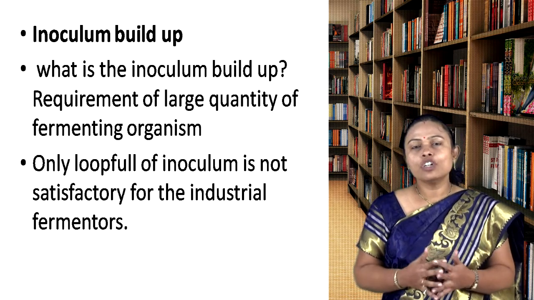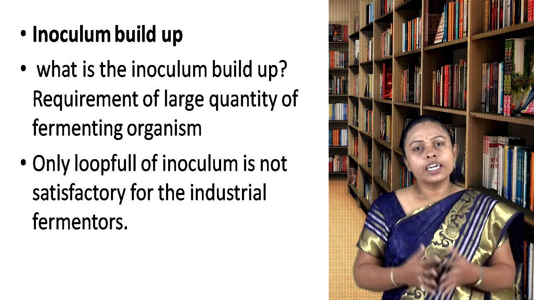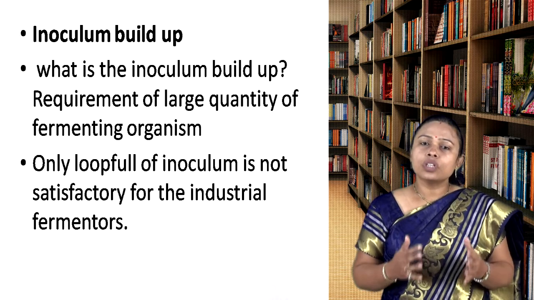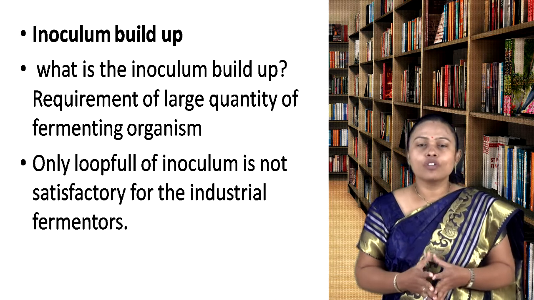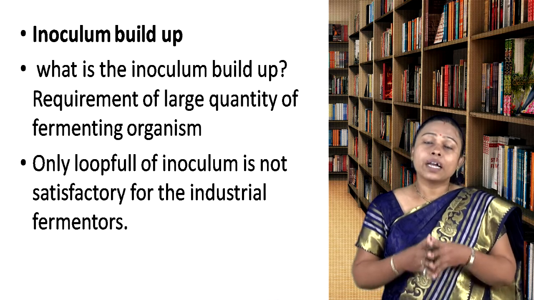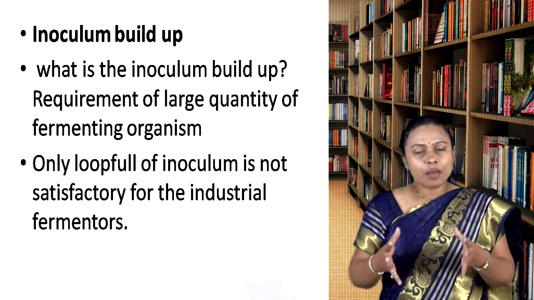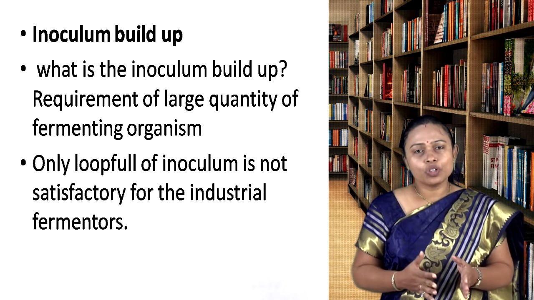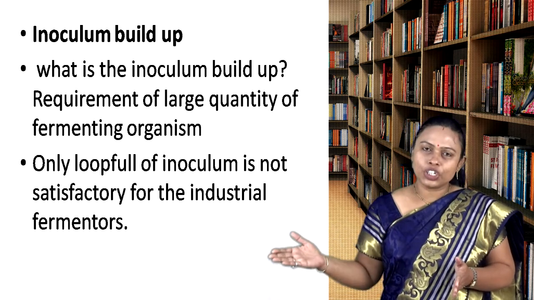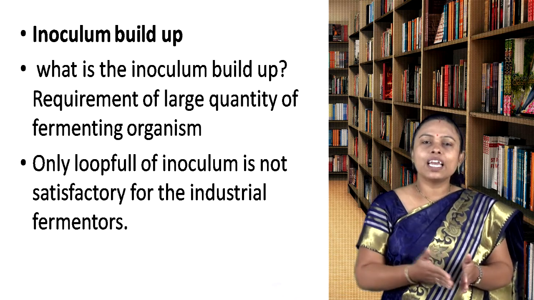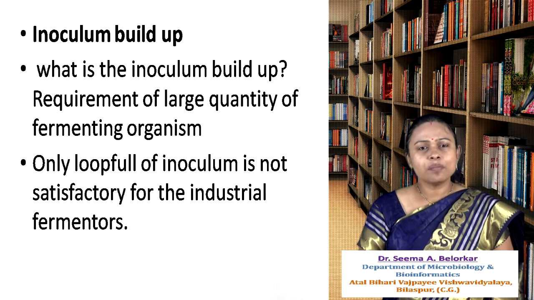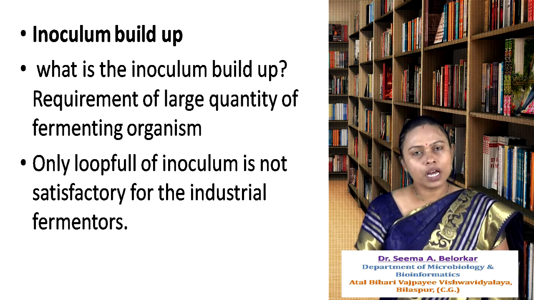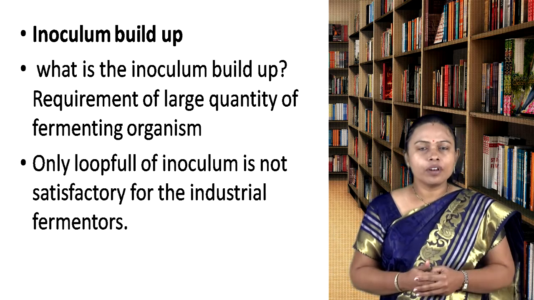Generally, the quantity of media ranges from 10,000 gallons to 30,000 gallons, and therefore the quantity of the organism required becomes too large. If the same amount of inoculum is used for all the levels of fermentation like laboratory scale, pilot plant and industrial level, we can easily imagine that the inoculum would be insufficient for the pilot plant and at the industrial level.